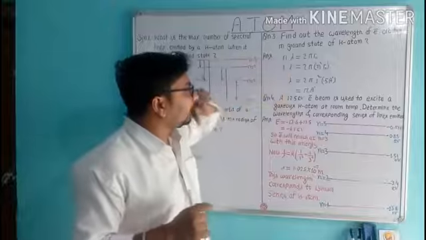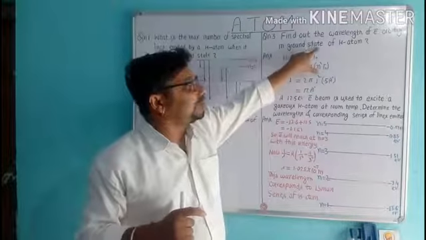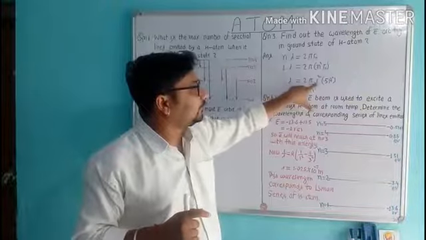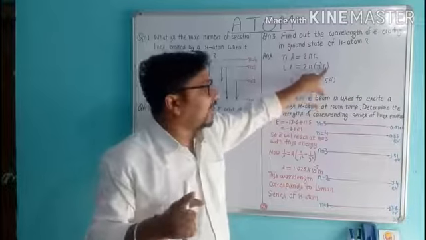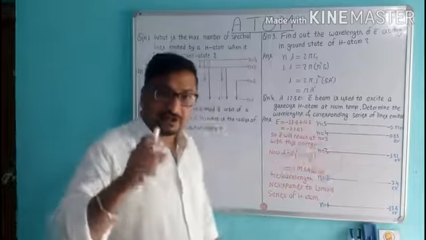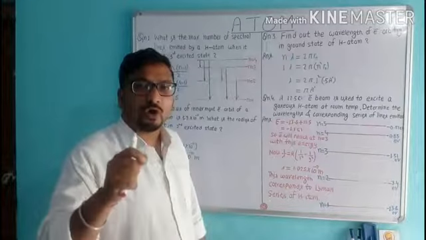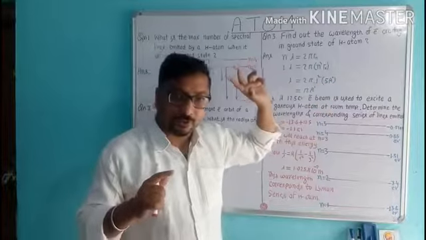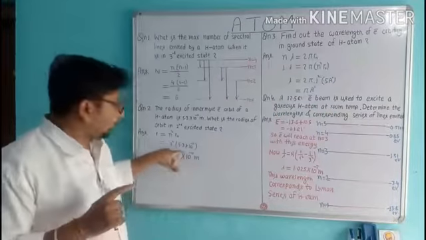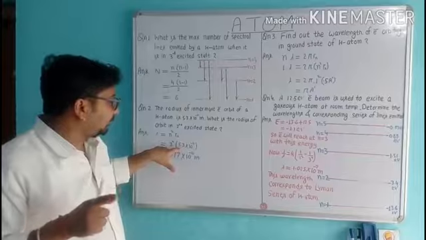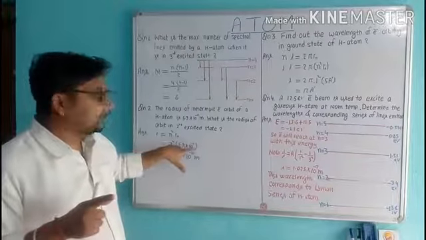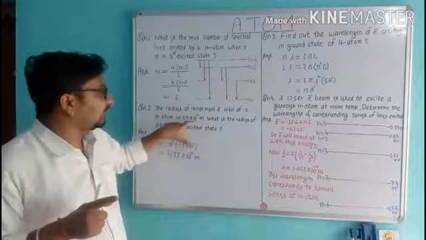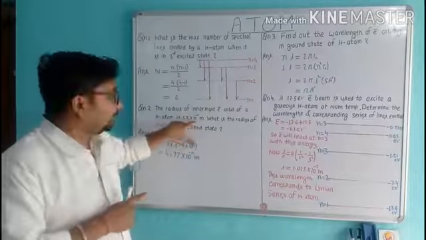Now, since we are talking about the ground state, n is equal to 1. Then after putting the value, we also know that r naught means the radius of the electron moving in the innermost orbit, that means 0.5 angstrom. In the previous case we put the value of r naught in meter, 5.3 into 10 to the power minus 11 meter, since it was given in meter.